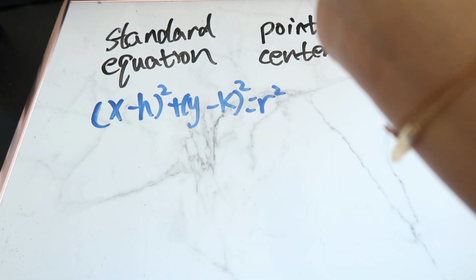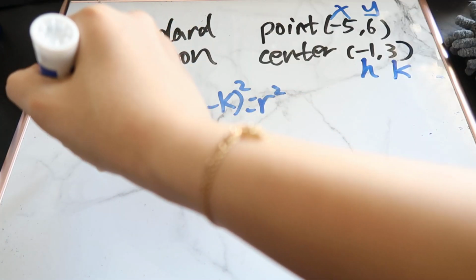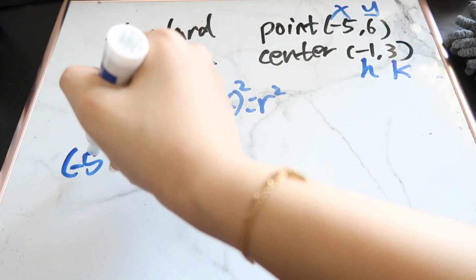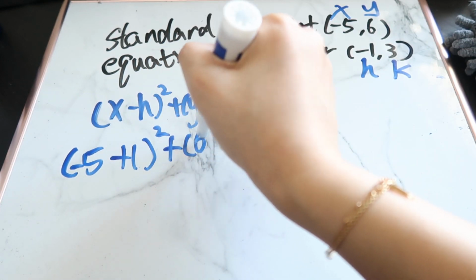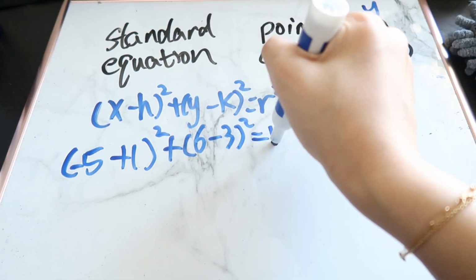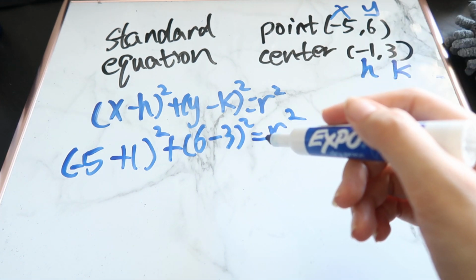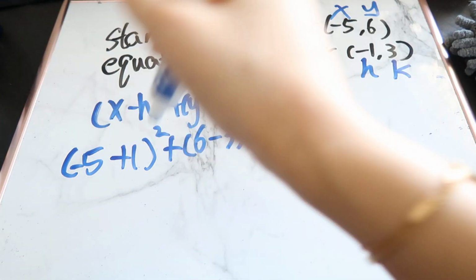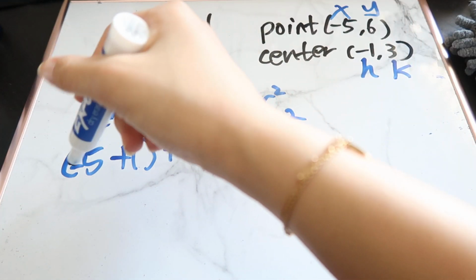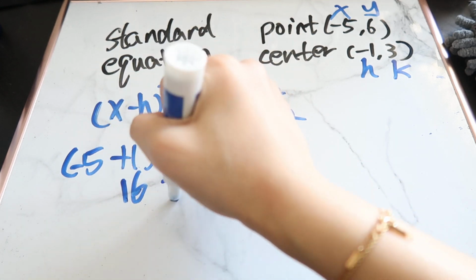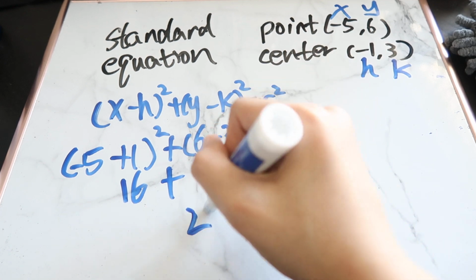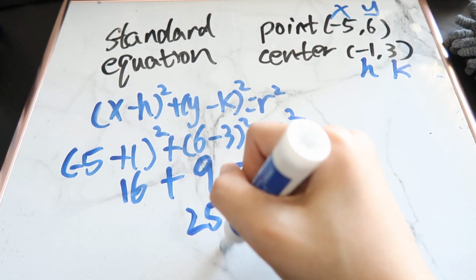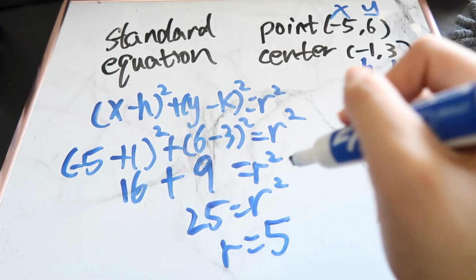When you plug it in, this is -5 minus -1, so it'll be +1, squared, plus (6 minus 3) squared equals r squared. Then you just solve everything from the left side. This part is -4 squared, so it's 16, plus 3 squared, so it's 9, equals r squared. So 25 is r squared, and r would be 5.